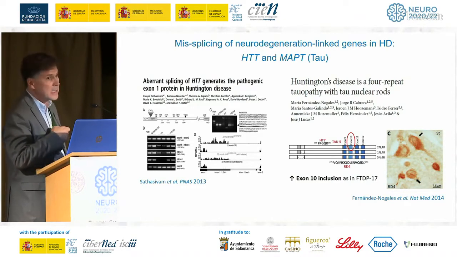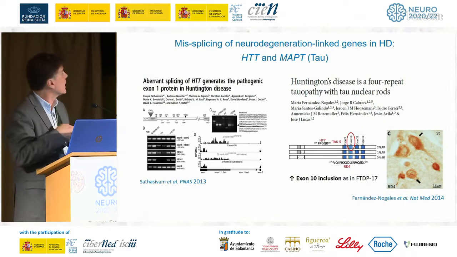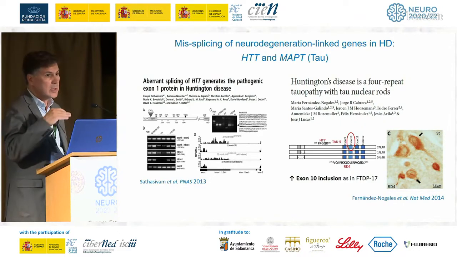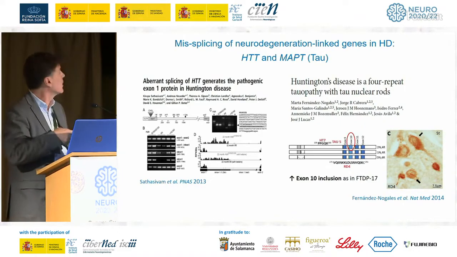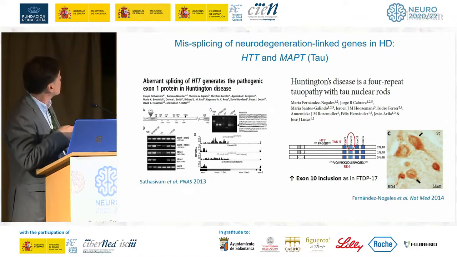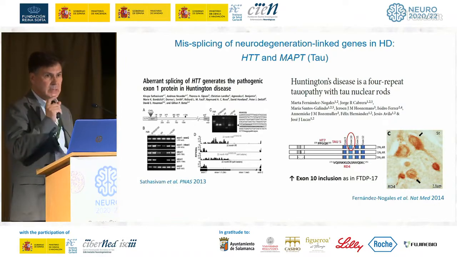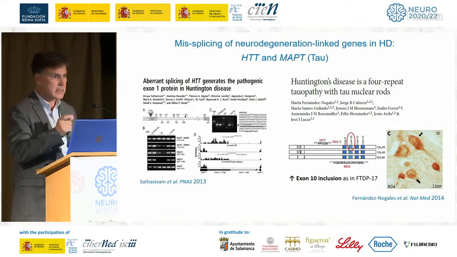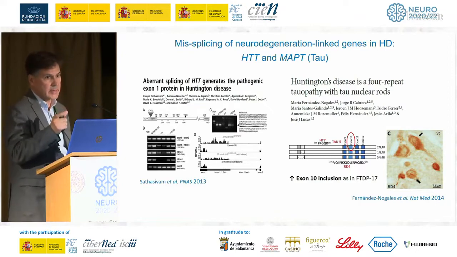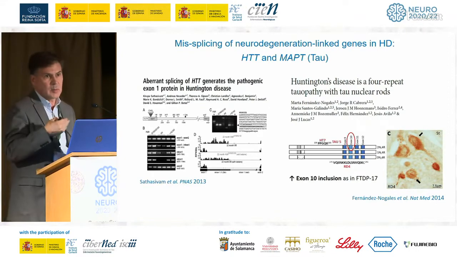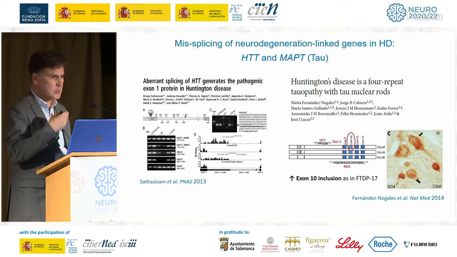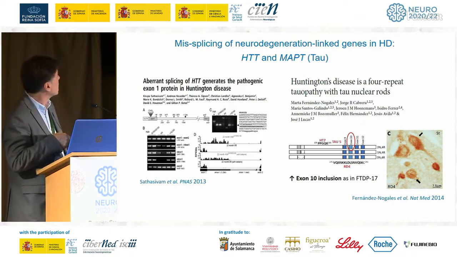There is an incomplete removal of the first intron, and these few molecules that contain the intron, because there is a cryptic polyadenylation site in this intron, can act as a mini gene that produces a very small but very toxic version of mutant Huntington, that is exon 1 truncated Huntington, that is very prone to aggregate and also to interact with other proteins.